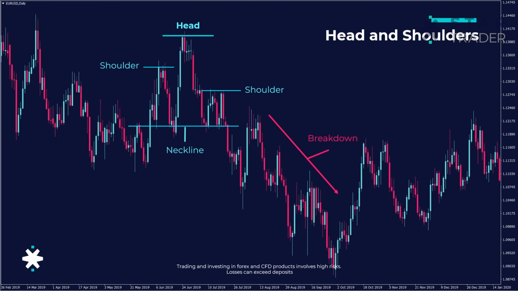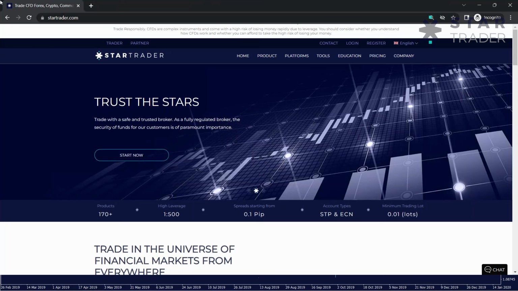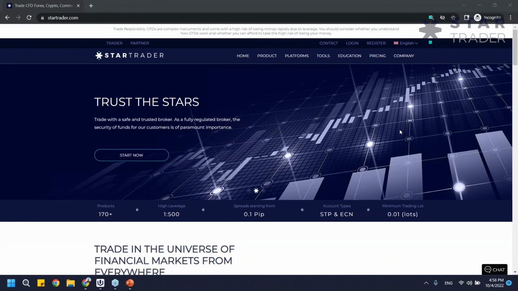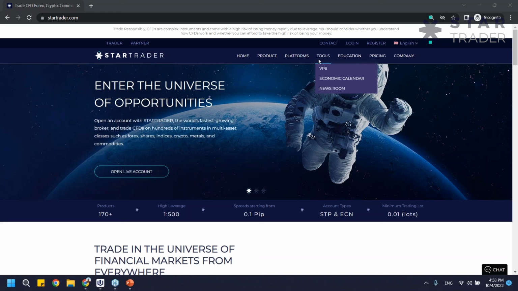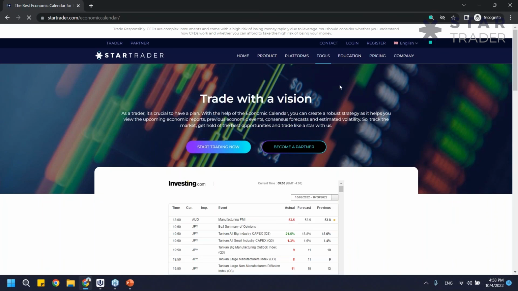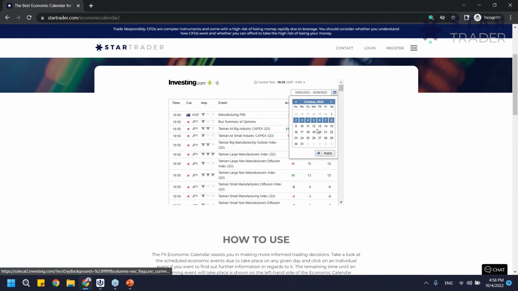One by one, let's start with our StarTrader website. On the StarTrader website, we provide you with all the tools that you need to know about the market and the news. We have two things. One is called the economic calendar. This calendar shows you the news for each country, for each day and the time.